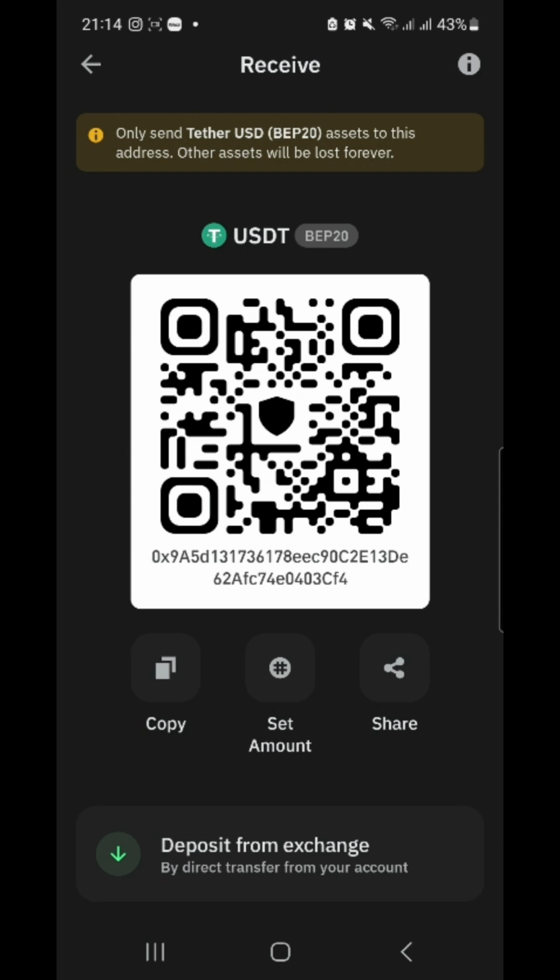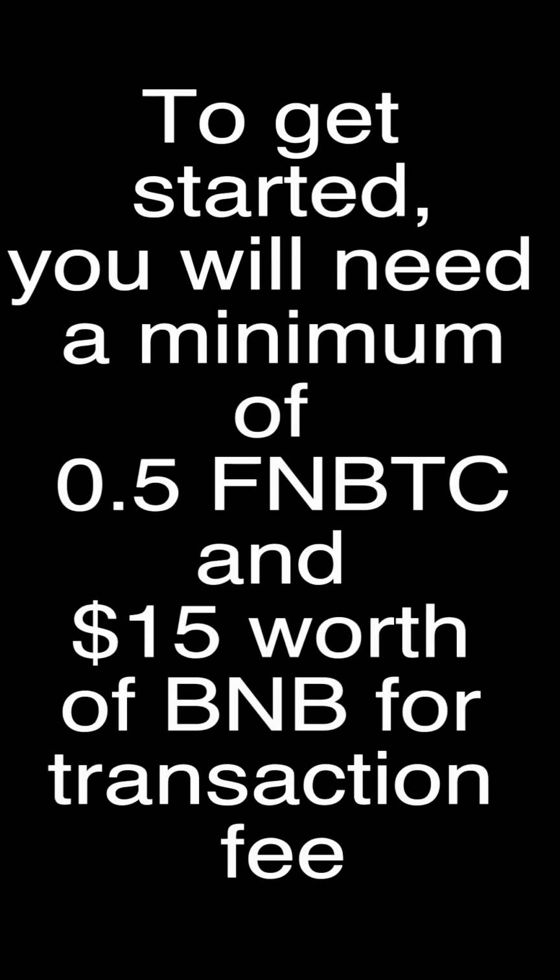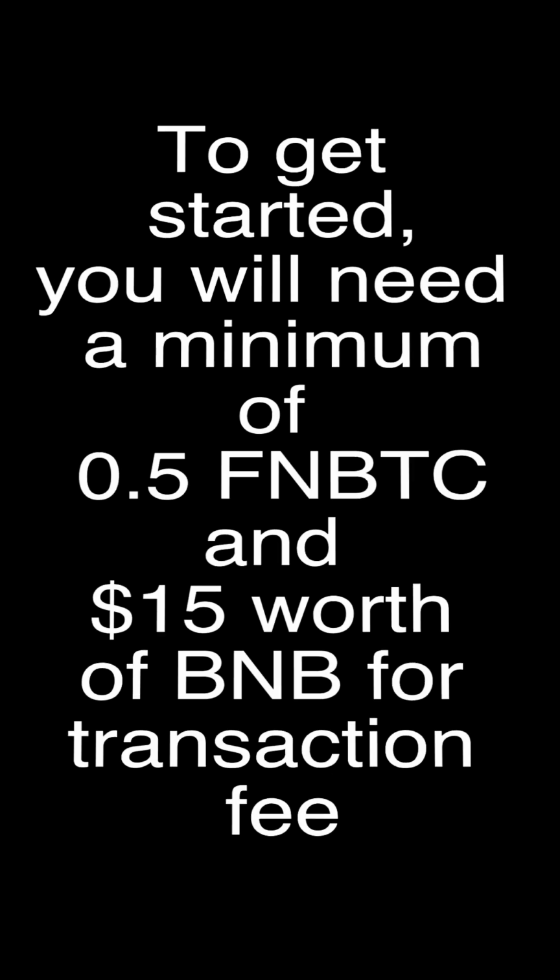As of when I'm recording this video, the market price is 40 USDT for 0.5 FNBTC. It may be a little bit higher or lower when you are registering, but just remember that you need to have 0.5 FNBTC.